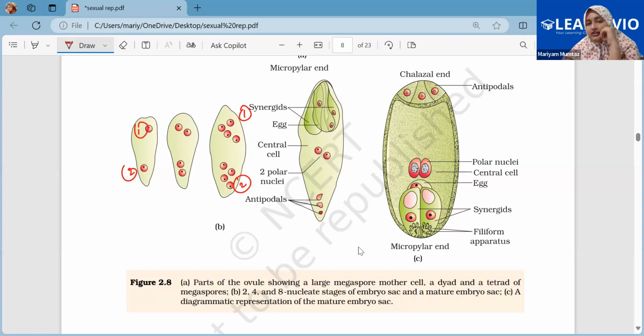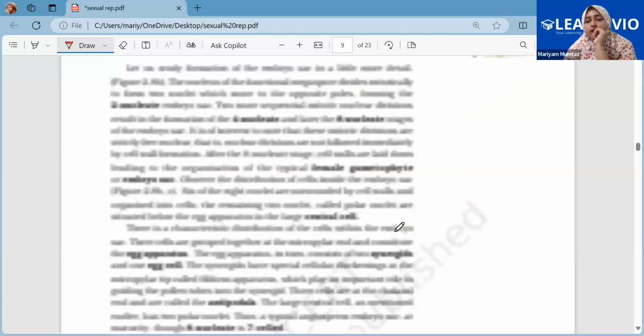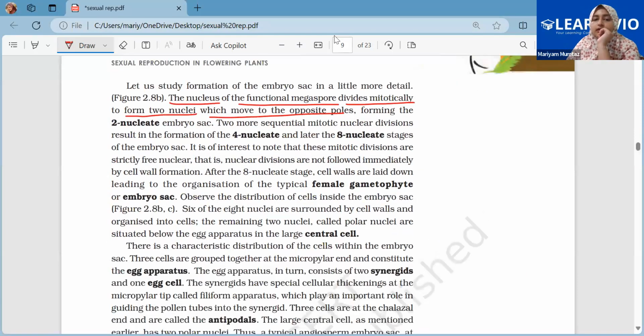Now these nuclei get arranged into a proper structure, and we're going to see how the arrangement is happening. So it forms a 2 nucleate embryo sac. Then after 2 more mitotic divisions, it forms a 4 nucleate embryo sac and then the 8 nucleate stage.